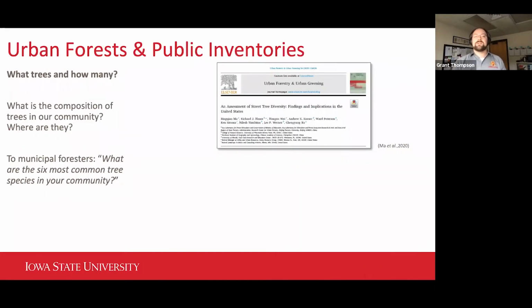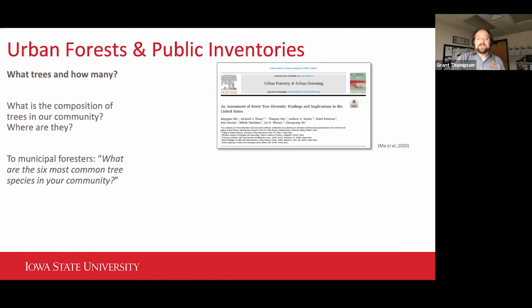So when we think about some of these public inventories, of course, there's been research up the wazoo about this, but it's always staggering what we find. When we do an inventory, we are of course trying to understand the number of trees that we have, the number of species, the relative proportion, and so on. What is the composition of community trees in our community?